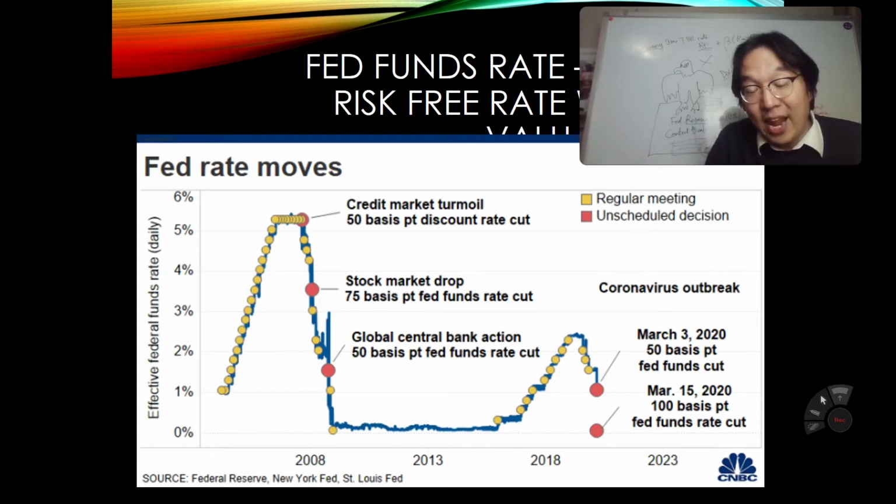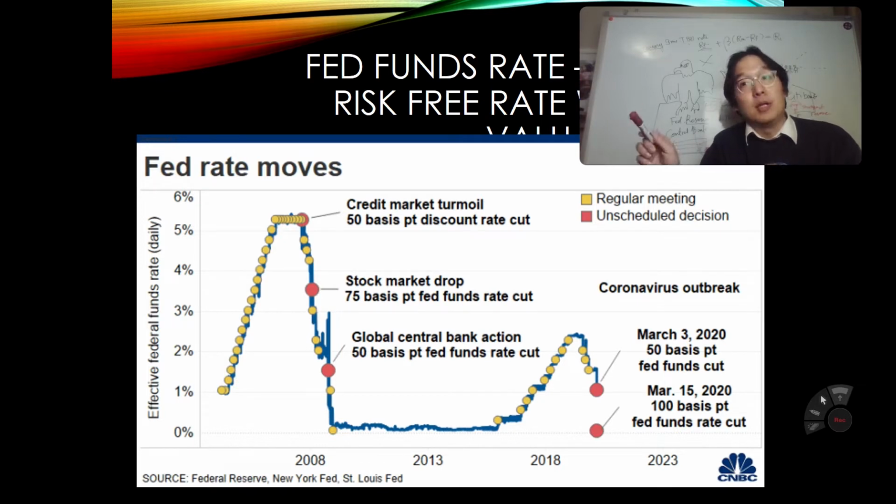In 2008, during that subprime mortgage financial crisis, the Fed funds rate went down to 0%, and it lasted for more than 5 or 6 years. And only recently the Fed funds target rate increased to positive numbers, right? Why?